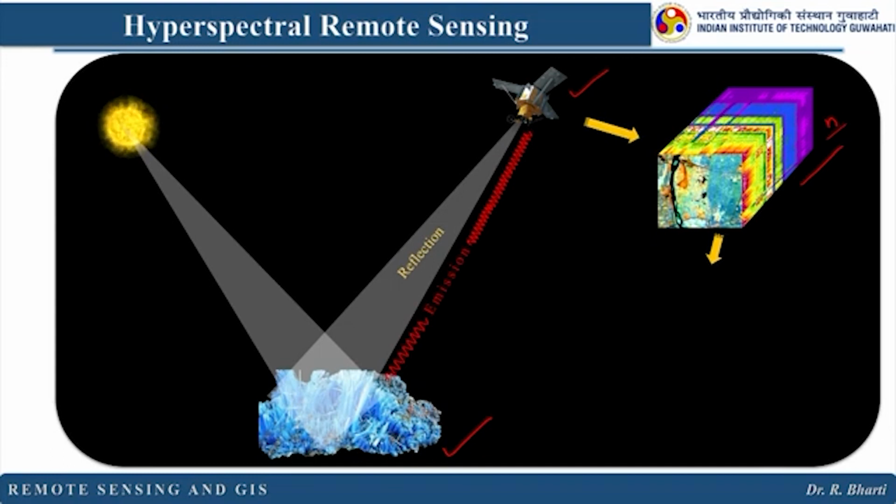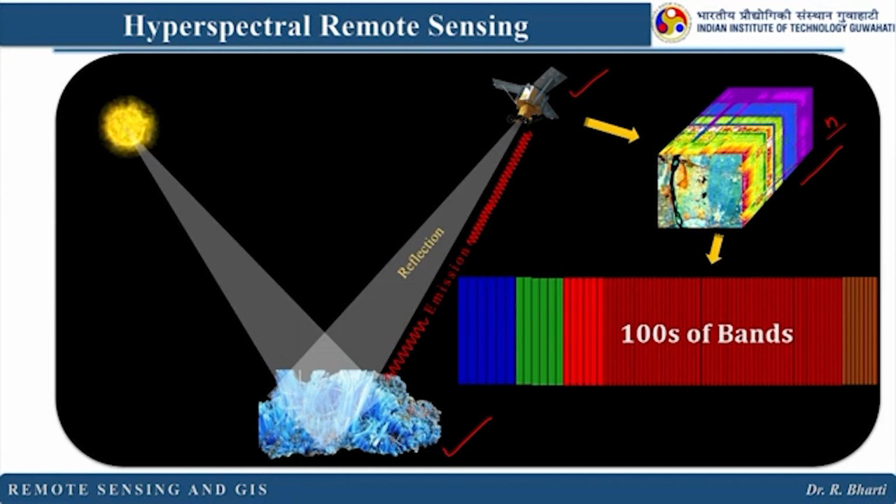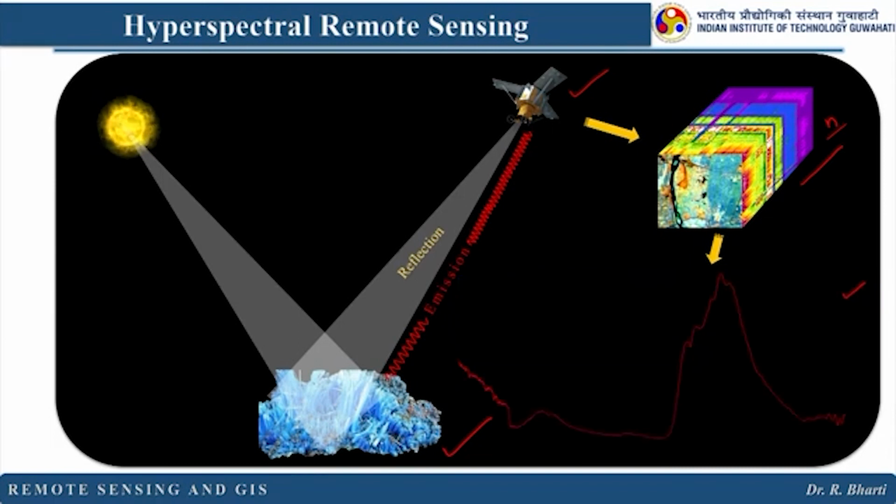So, it is nothing but hundreds of bands in different wavelengths, but there is no gap in between, that is why we are calling it contiguous measurement. So, here you have contiguous and very narrow bandwidth, and because of that we are able to generate this kind of spectral signature. It can be emissivity or reflectance, anything.